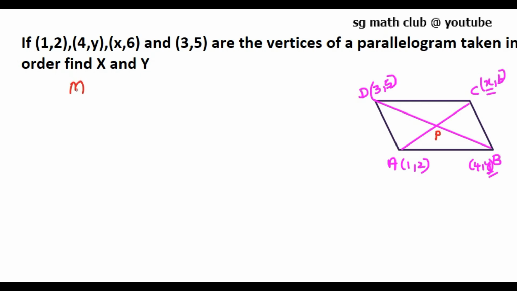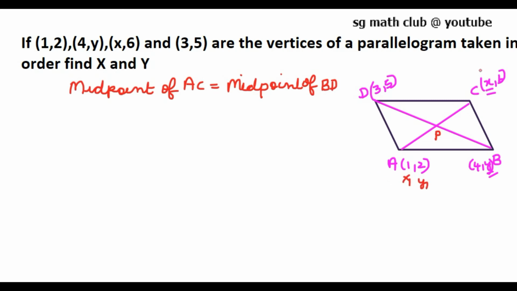So since the diagonals bisect each other, I can write midpoint of AC is equal to midpoint of BD, and we are going to use the midpoint formula. So for the midpoint of AC, we'll take this as x1, y1, this as x2, y2.